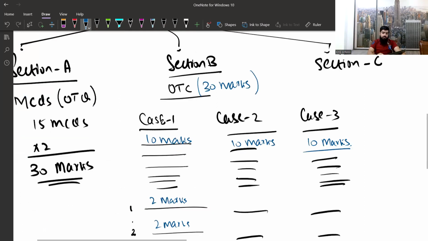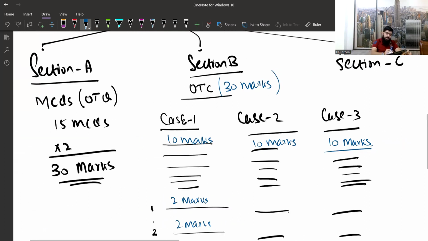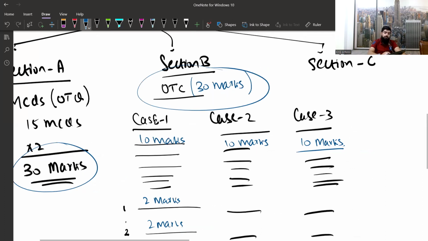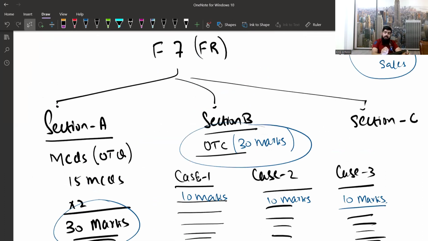Now, it means the aggregate weightage of section A is 30 marks and for section B it's 30 marks, which means in aggregate this is 60 marks. My personal recommendation and perception is that sections A and B will test you for 60 marks, and I think sections A and B will give you a chance to clear this paper with very good marks.